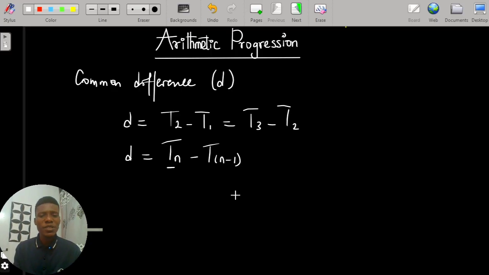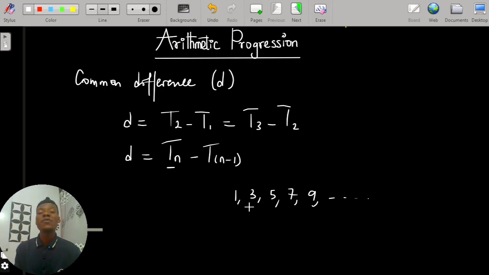For example, if you have a sequence that looks like this, this sequence has a common difference. And how do you get the common difference? Just pick a term and the term before it. I would have loved to pick 1, but we were not given the value before 1, that is the term before 1.